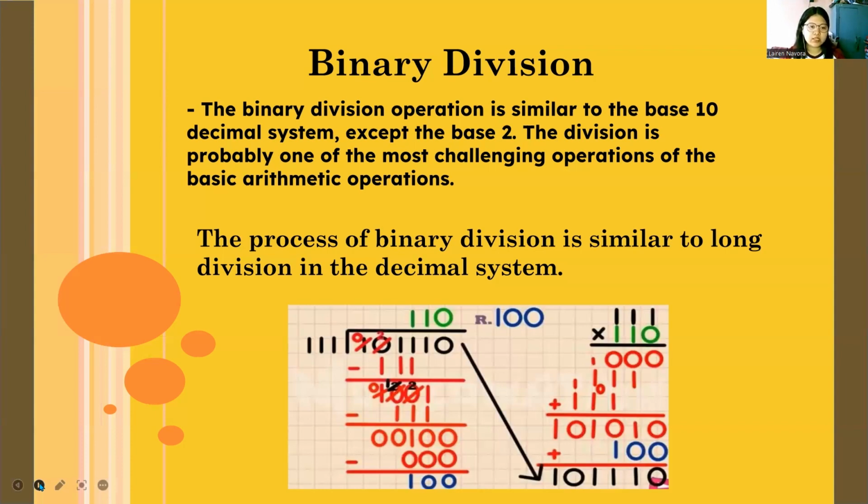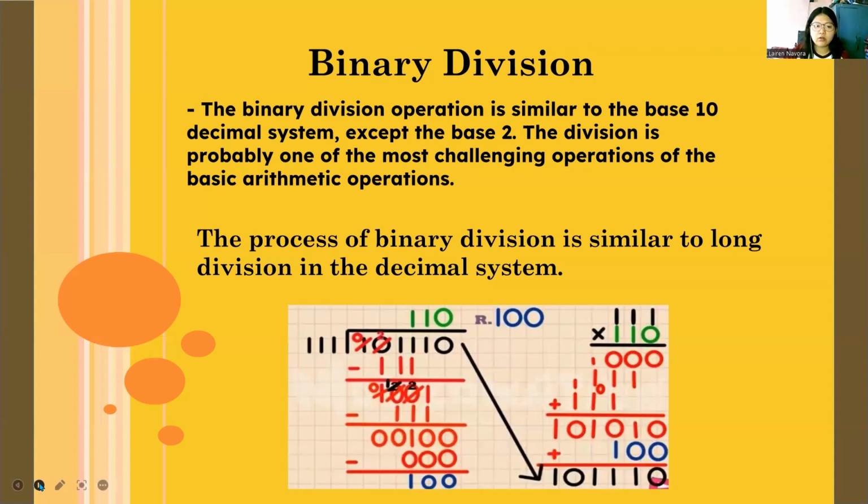0 times 1 is 0. Then 0 times 1 is 0 again. Then 0 times 1 is 0. 1 times 1 is 1. 1 times 1 is 1. Again, we just repeat that. Then add all the numbers. Let's bring down 0. Second column, 0 plus 1 is 1.